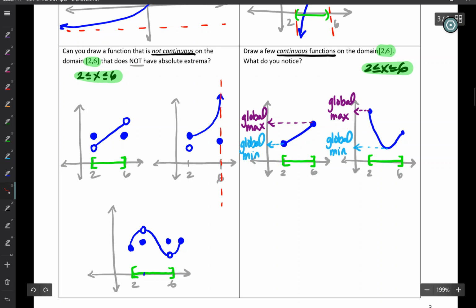And those global maxes and mins could occur at endpoints, like in this picture. Or right there, we got at an endpoint, but it also could happen in the interval, right?